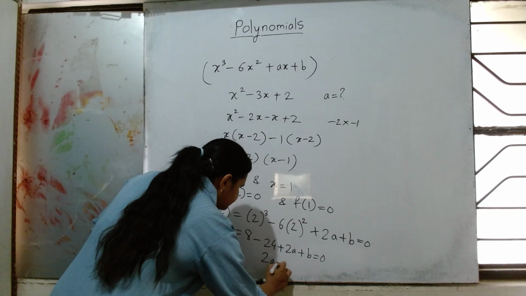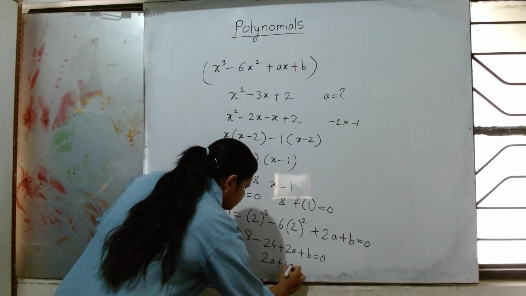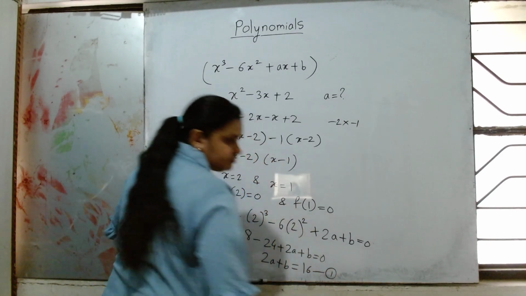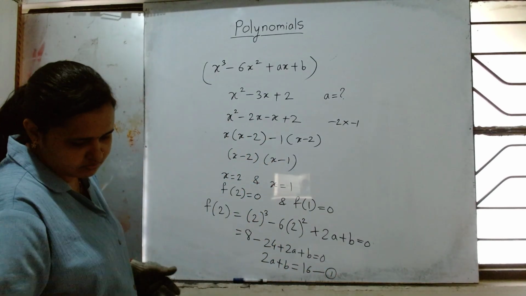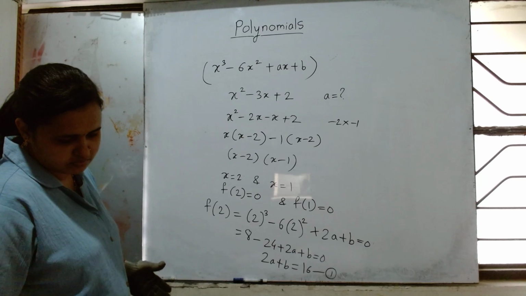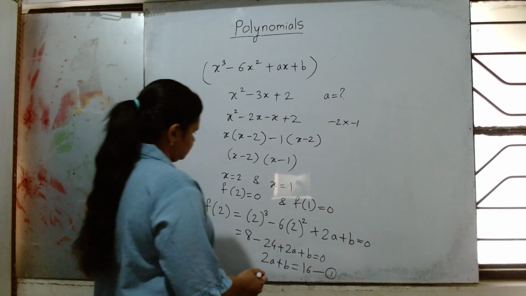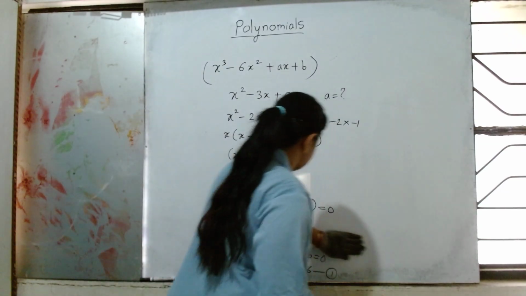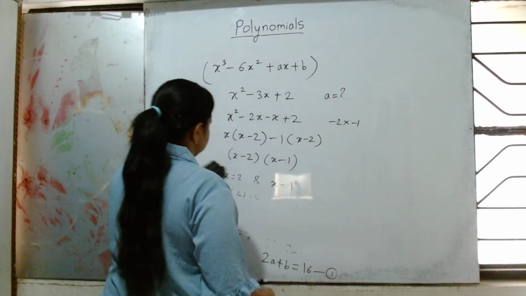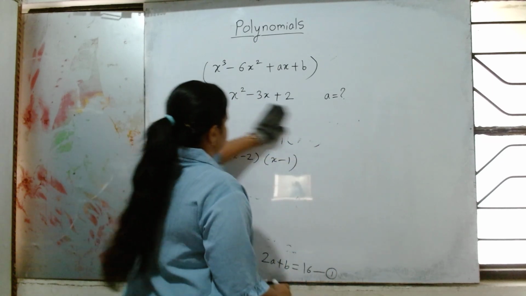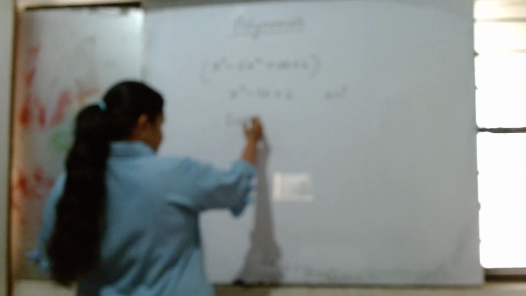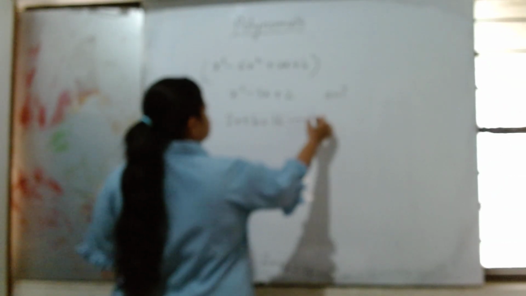So 2a plus b will be equal to 16. Now we have got equation 1: 2a plus b is equal to 16.